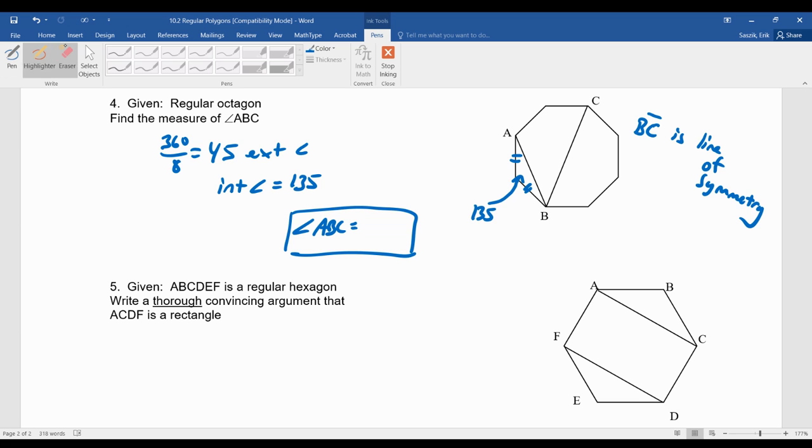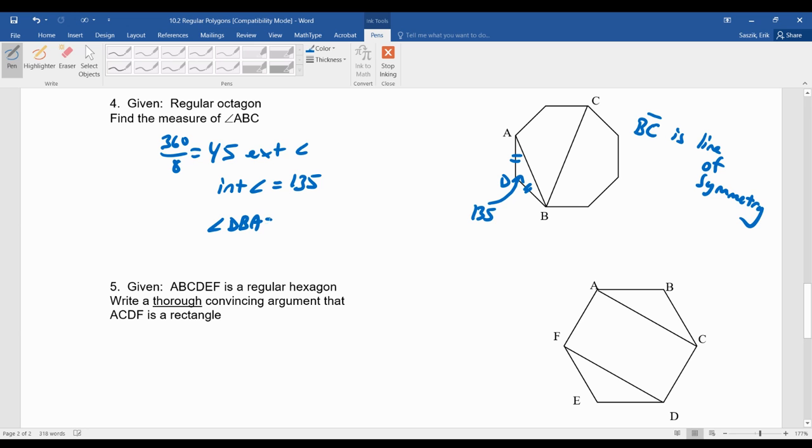I wasn't paying attention to the question. So if I call this point D, angle DBA is 22.5. So angle ABC would have to be 45, because remember, this big angle here was cut in half, so you did need to have that line of symmetry idea.